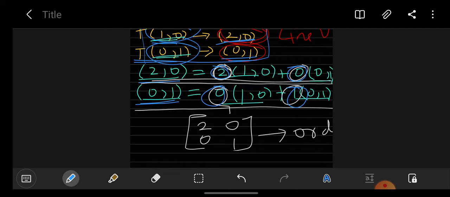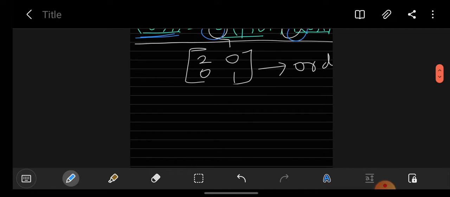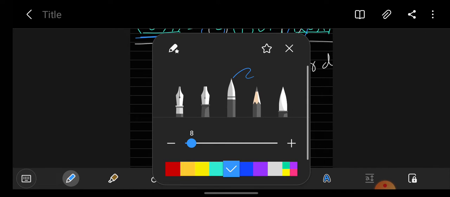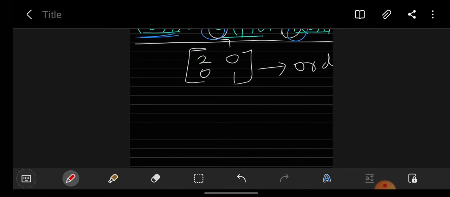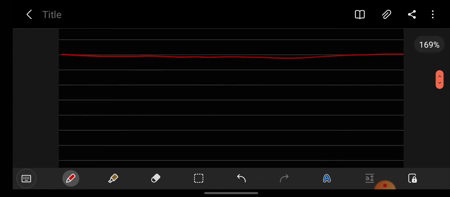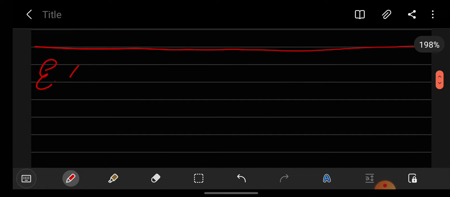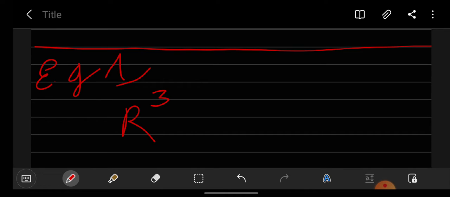Now we understand with another example. Example number 1: what happens if our linear transformation is from R3 to R2?